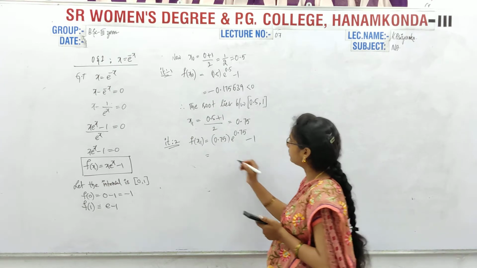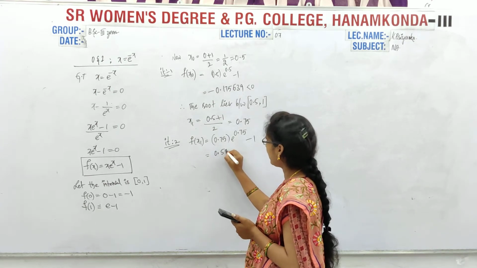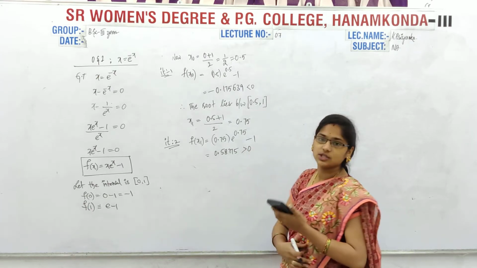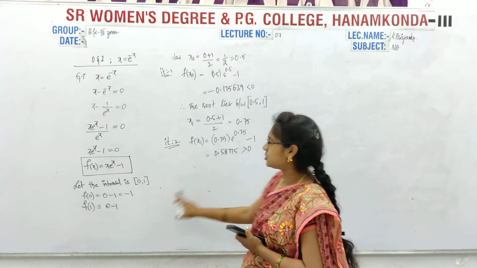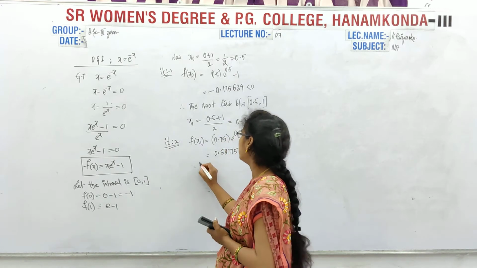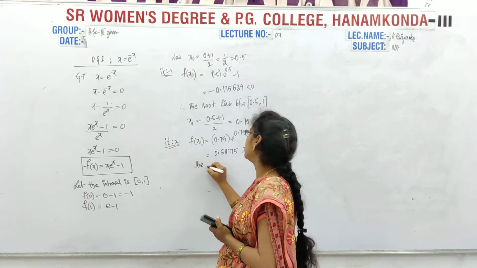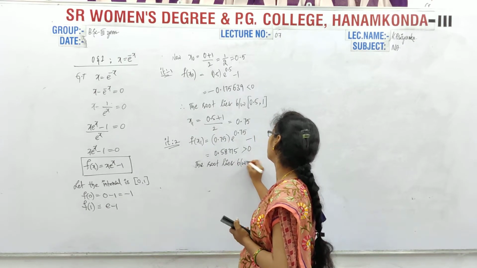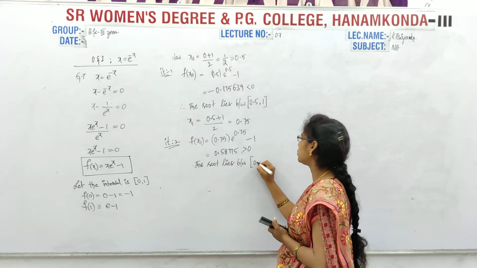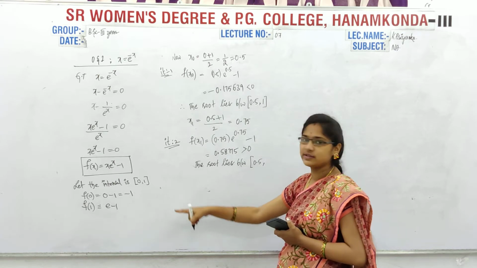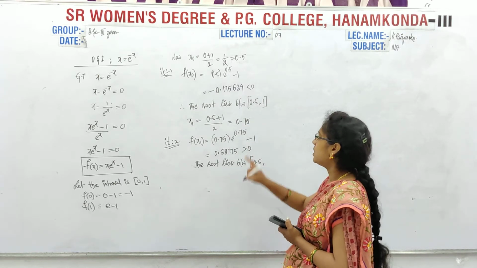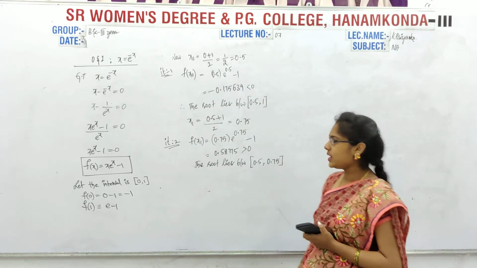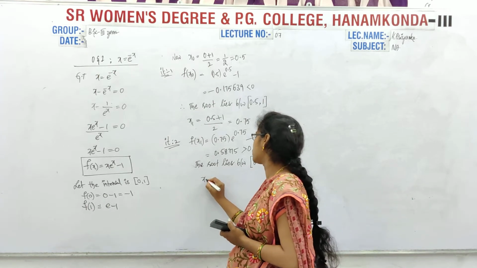Directly I am calculating, now 0.58775, which is greater than 0. Greater than 0 means it is positive, so we have to ignore this one. Therefore the root lies between the negative value 0.5 and the positive value 0.75.